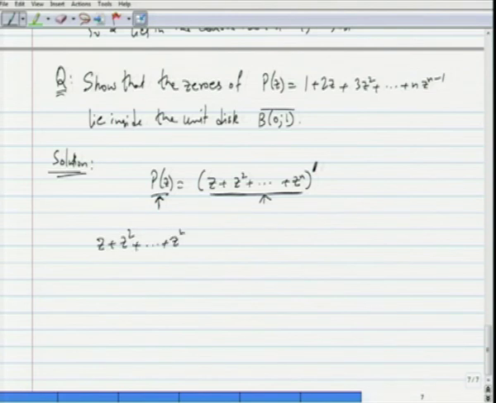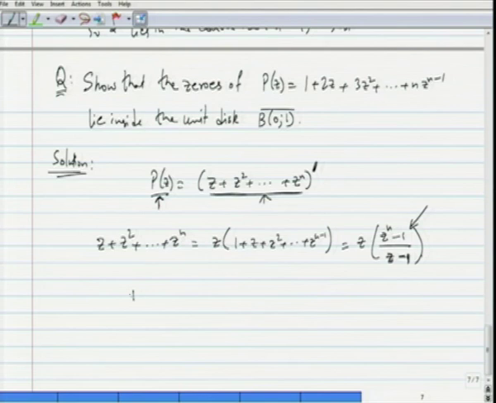So, this polynomial can be factorized as z times 1 plus z squared so on until z power n minus 1, okay, which is z times, we will recognize that as z power n minus 1 divided by z minus 1. Okay. And we recognize that the roots of this polynomial z power n minus 1 are precisely the nth roots of unity, and when we divide by z minus 1, we forget the root 1 itself.